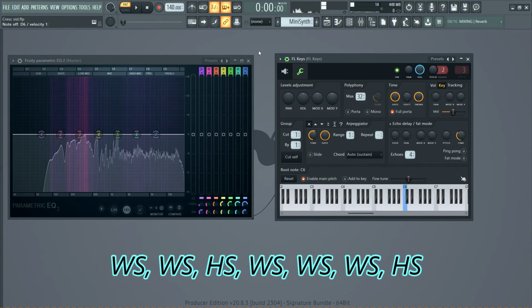So we start on C. We move up 2 semitones, we get to D. And that's a whole step.